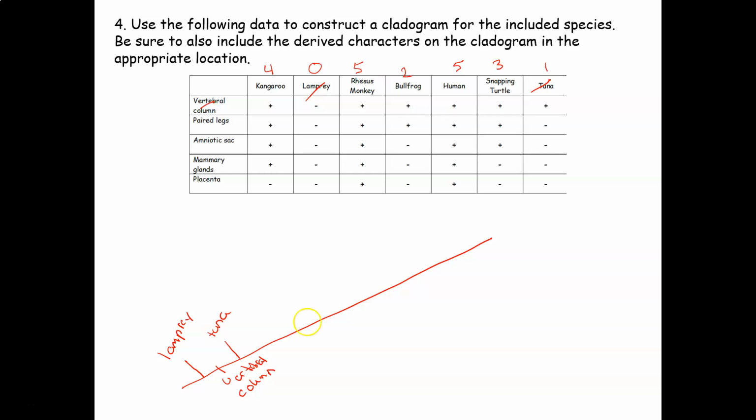Next one up, bullfrog has a 2, so we'll put him on here. And the trait that he has is the paired legs. Tuna doesn't have him, lamprey doesn't have him, but everybody else does, so that means that's going to be what separates him from everyone else.